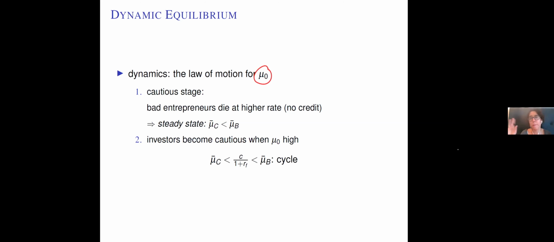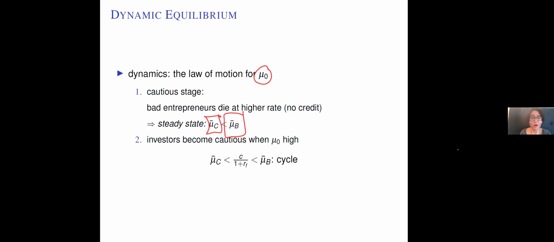In the cautious steady state, the fraction of bad opaque entrepreneurs is lower than in the bold steady state, because in the bold steady state, some of them are financed.